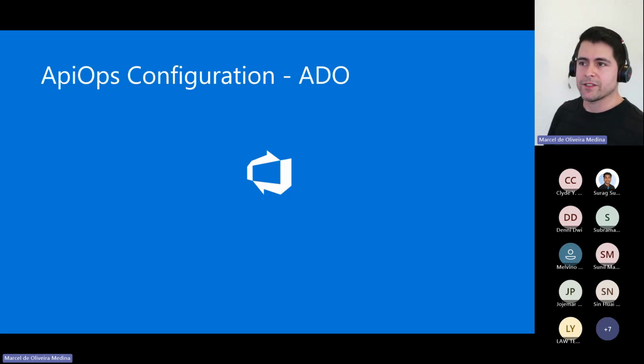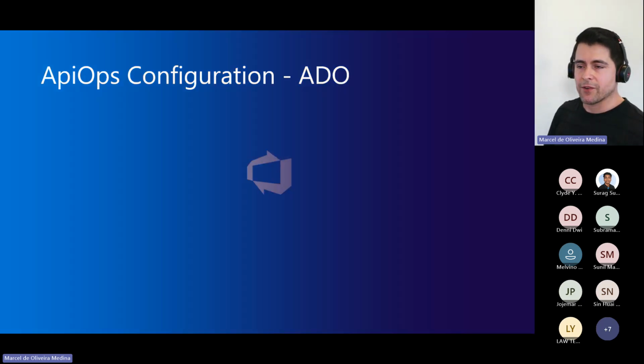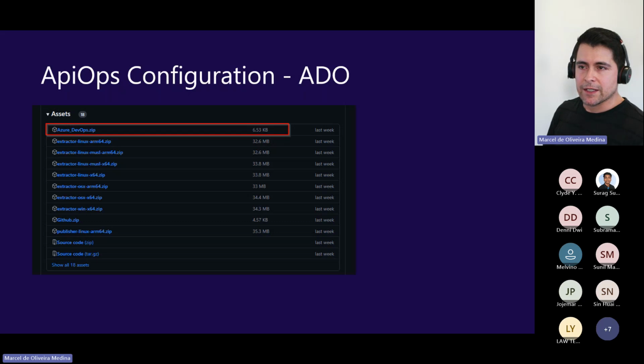So for Azure DevOps, right, the configuration. For you to establish that, you need to go to a GitHub repository. And in there, for the APIOps, you need to download the zip. It's under the Releases tab on GitHub.